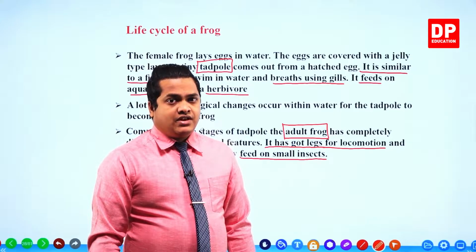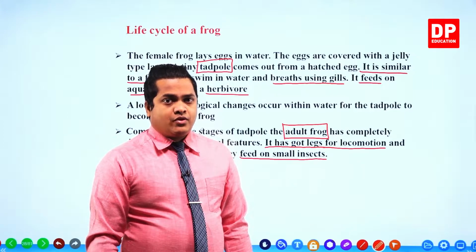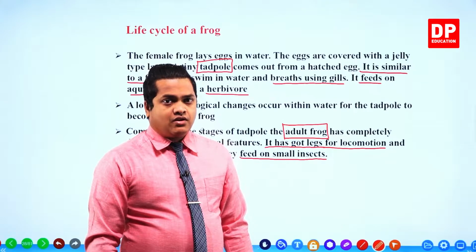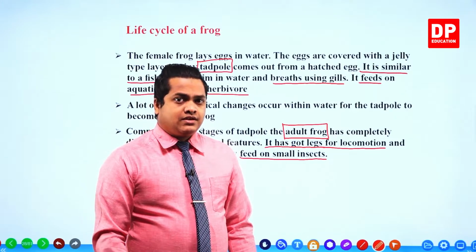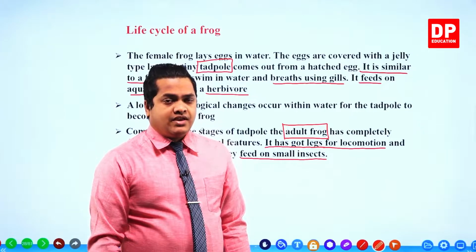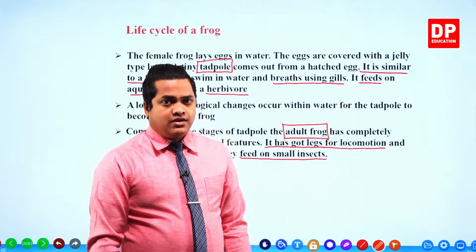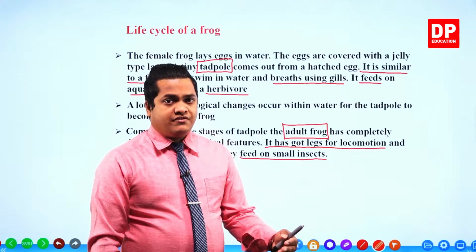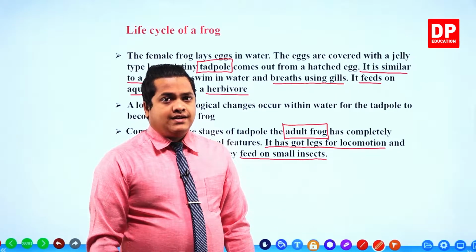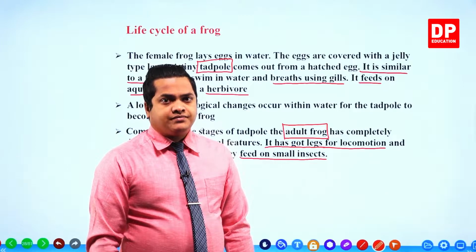Frogs can even eat aquatic plants as well, no problem, which means the frog is an omnivore. However, the tadpole is a herbivore. It's not going to eat any insects. The main type of food is aquatic plants. So there are way more differences in their mode of nutrition and type of food, my dear children.